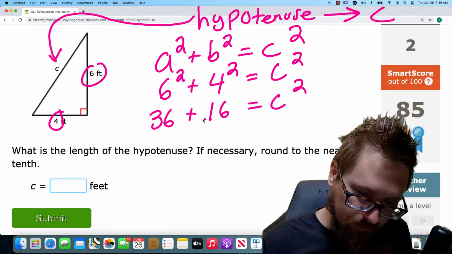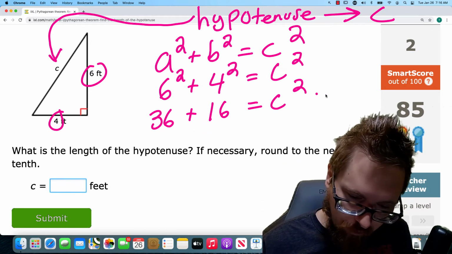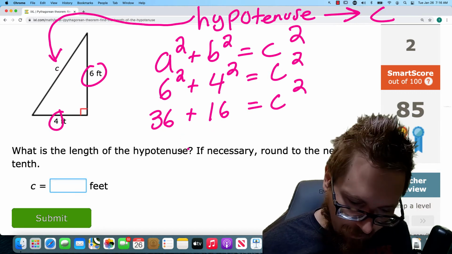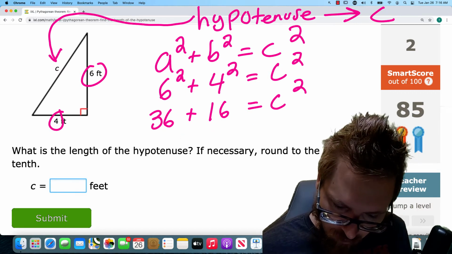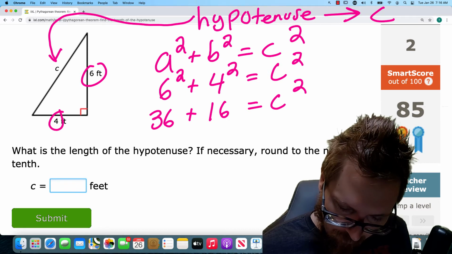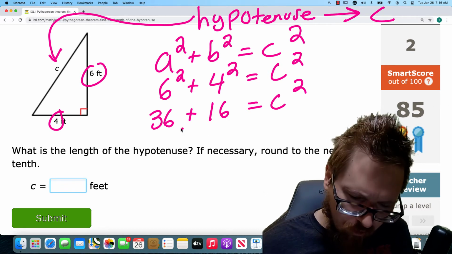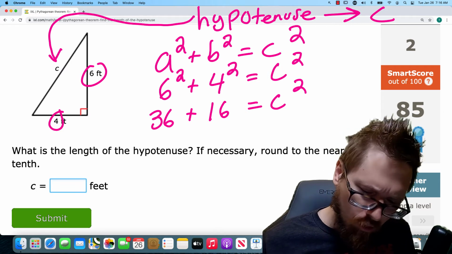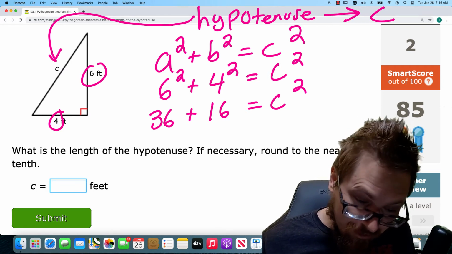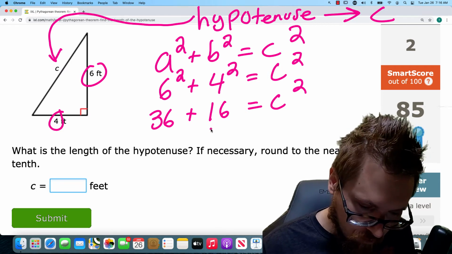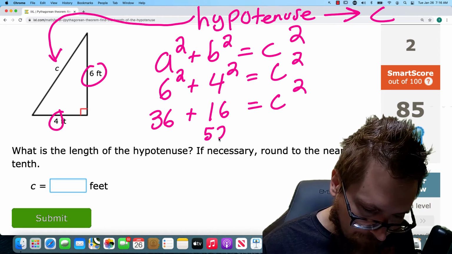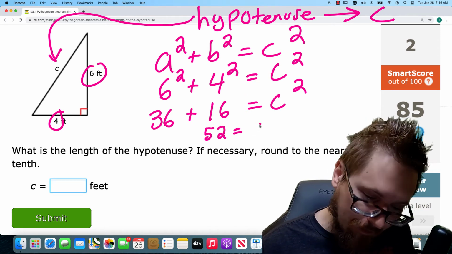All right. 36 plus 16. I could use a calculator here. Since it's not a really large number, I'm going to, on the side, go ahead and add this up. You could do this in your head too, but basically, either in the head, calculator, or you could do some scratch work on the side. So you end up getting 52, okay? Now remember, it's not equal to C yet. It's equal to C squared.